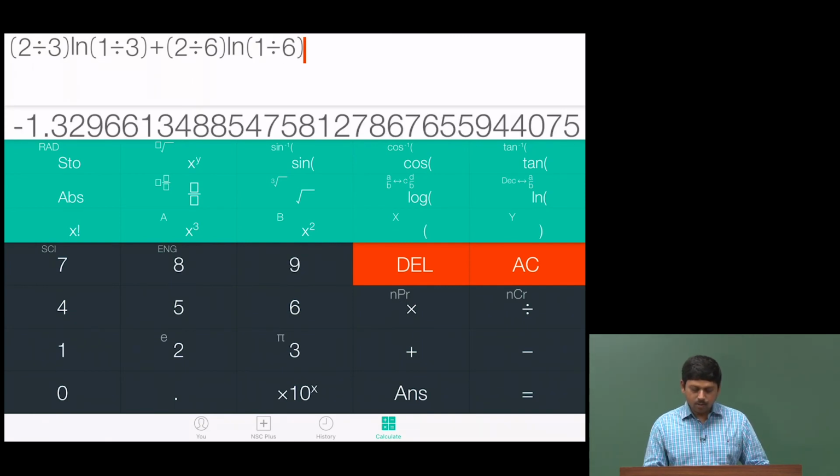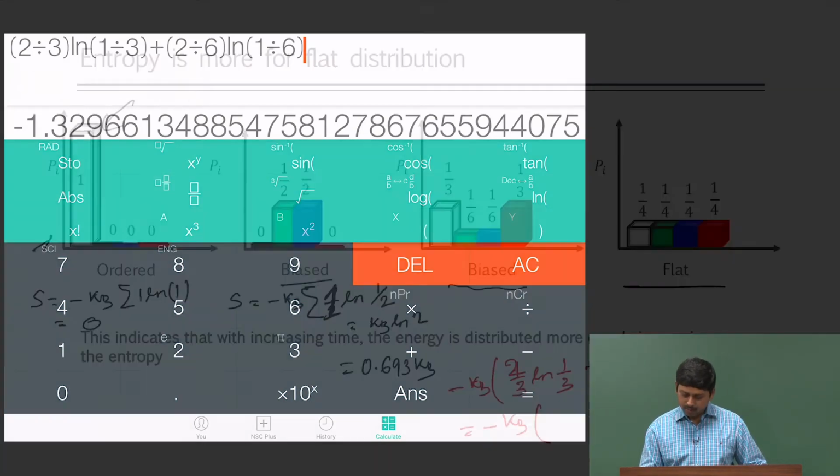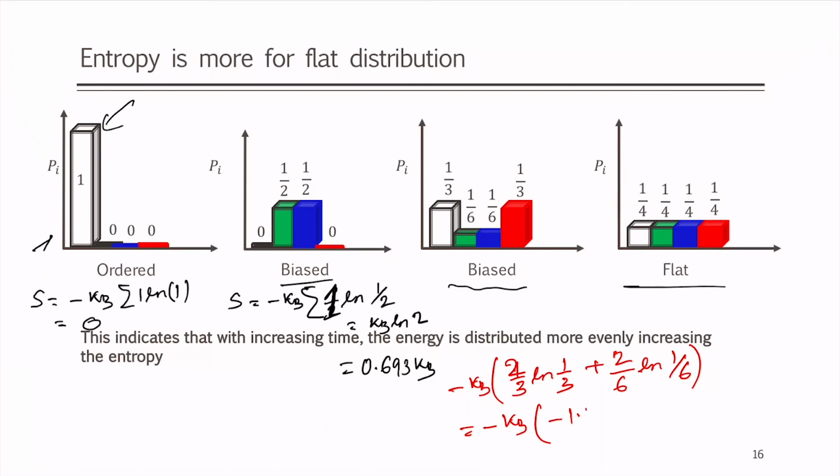You get minus 1.32 or 1.33, minus 1.33 giving us plus 1.33 kb. So you see this biased distribution has more entropy than this biased distribution, which has more entropy than this biased distribution. I will just write this.